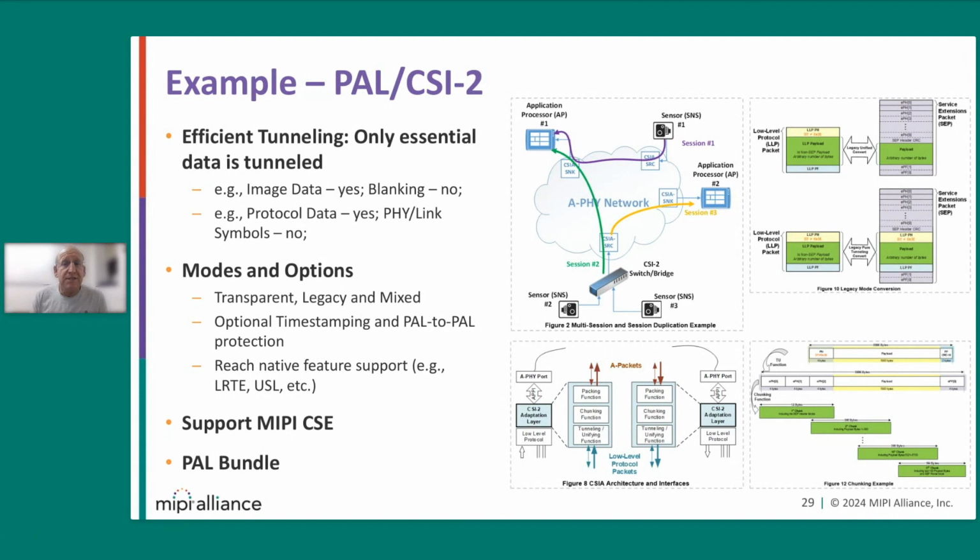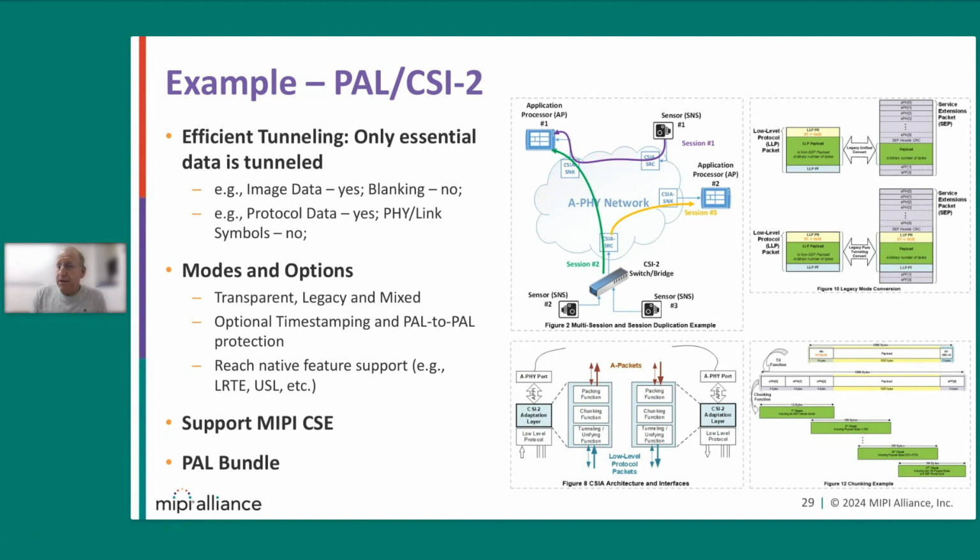If this is the case, the A-PHY CSI adaptation layer will not add any protection elements to the traffic. It will just transparently tunnel the information from the sensor to the SoC, and this information will be protected end to end. This mode is called transparent.